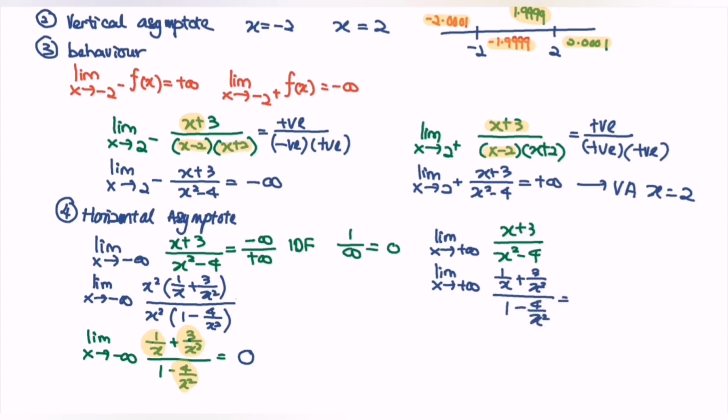Here, repeat the situation, we will obtain 0, 0, 0, and finally we will have 0. So the horizontal asymptote is y equals 0. So here we are, and thanks for watching.